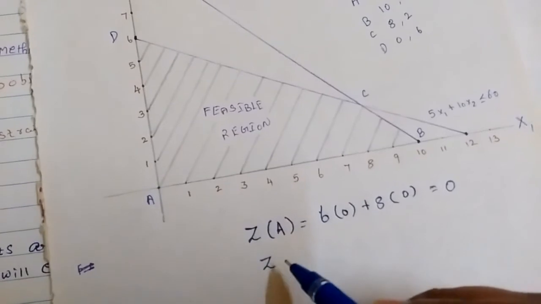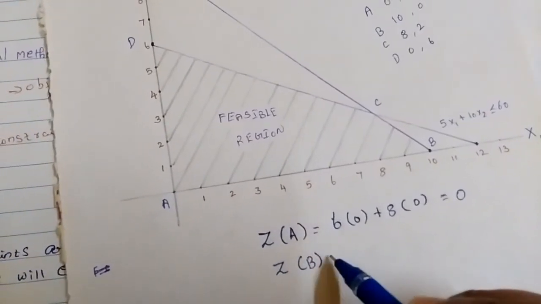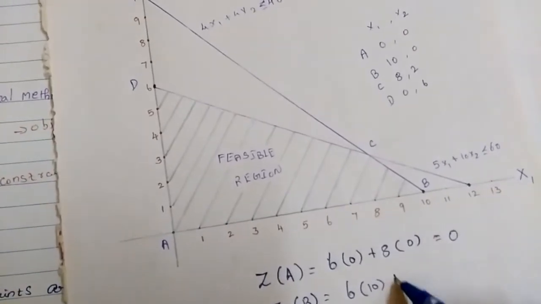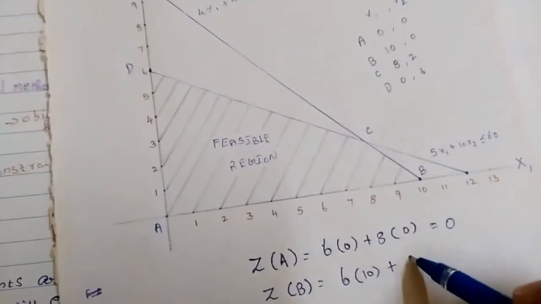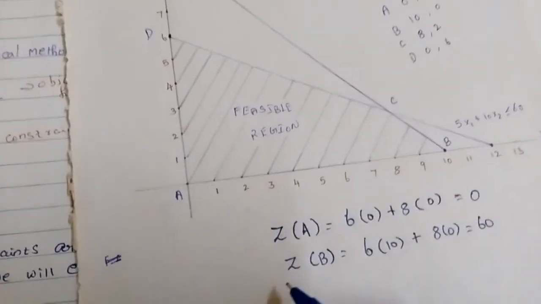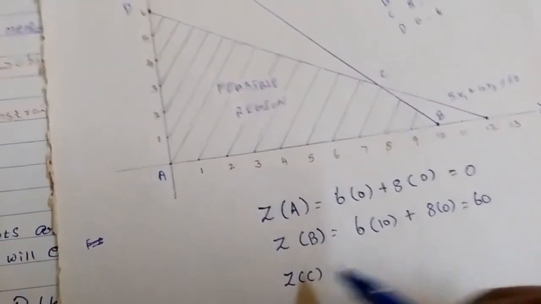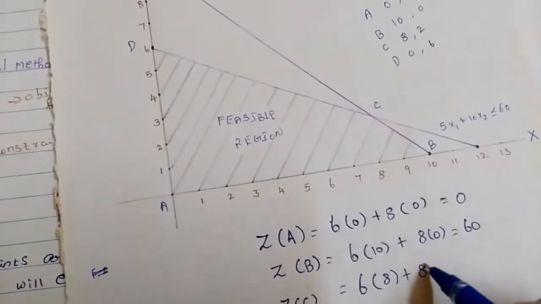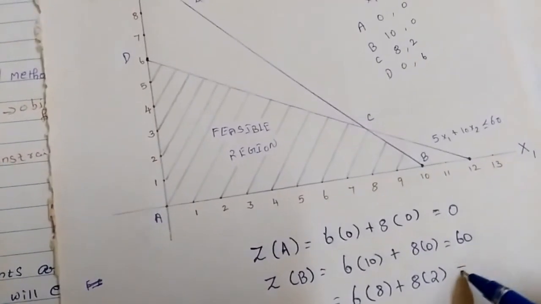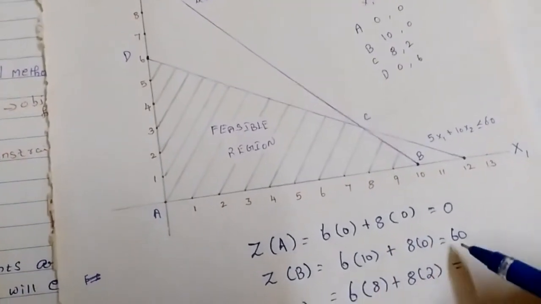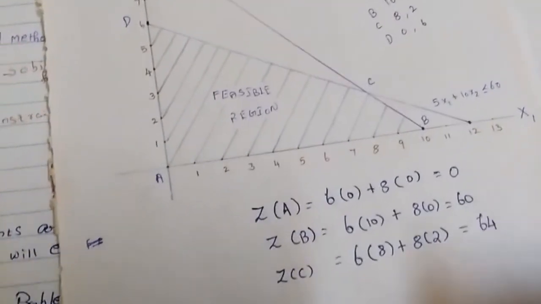Then Z of B: 6x1 is 10, x2 is 0, so 60. Then Z of C: 6 into 8 plus 8 into 2, so finally it will come 64.